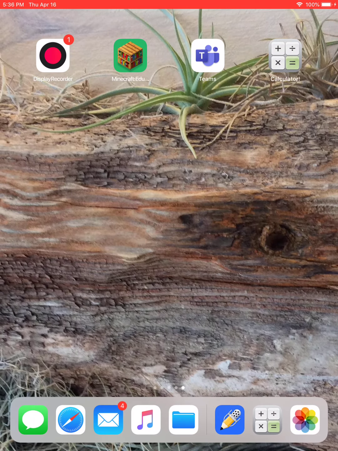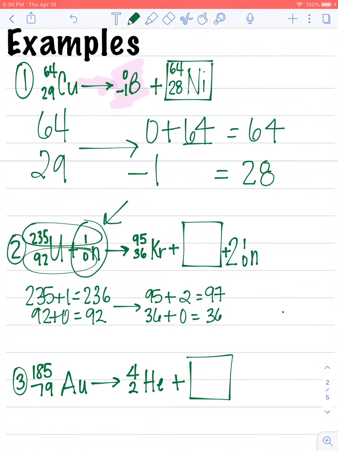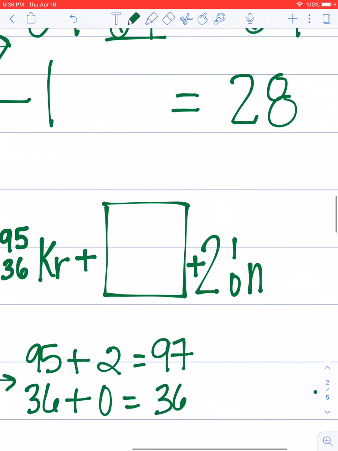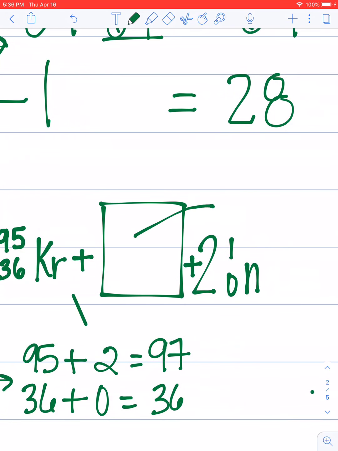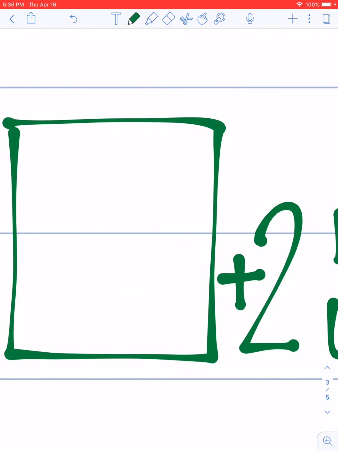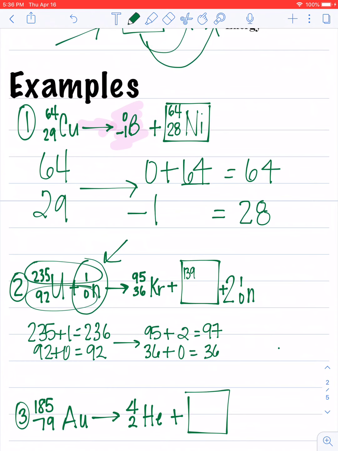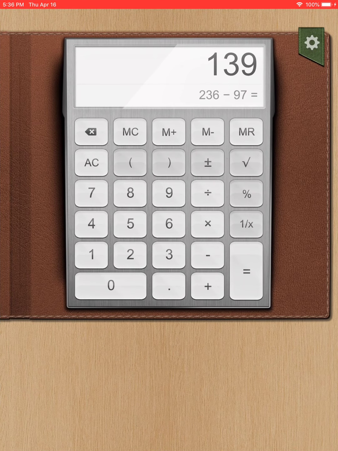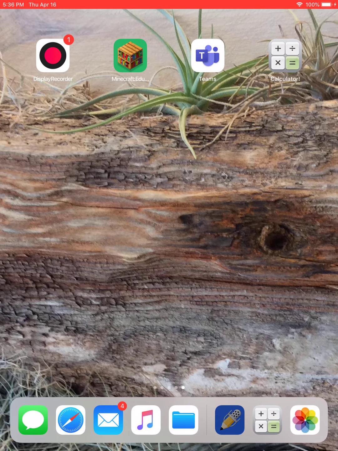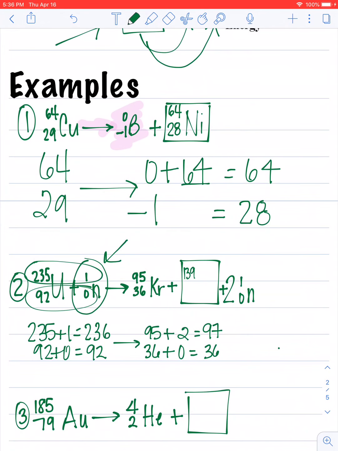So we're going to pull that back into our Notability doc and put it up here in the left-hand corner. 139. All right, let's do the same thing on the bottom. So 92 minus 36 equals 56. So we'll head back over to Notability, and that's going to go on the bottom.